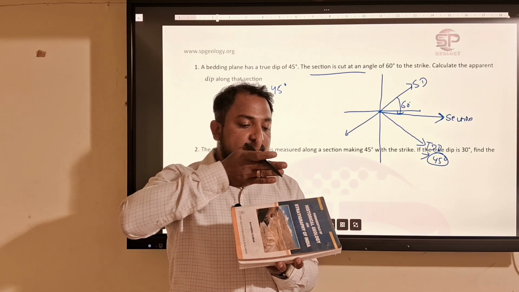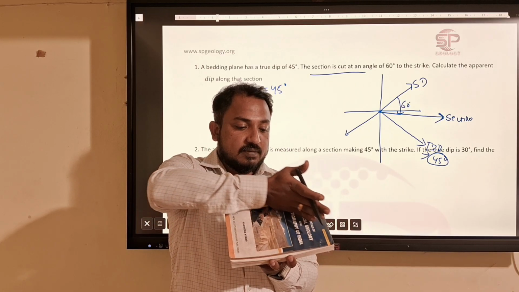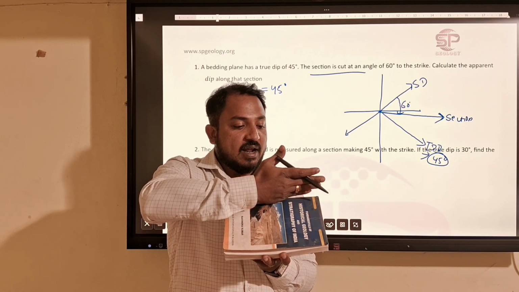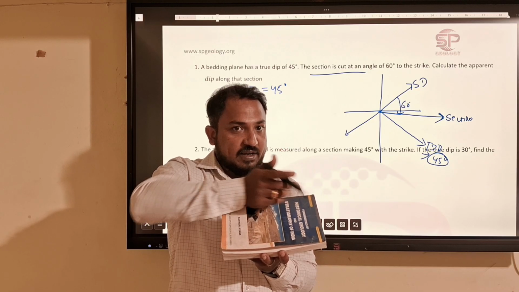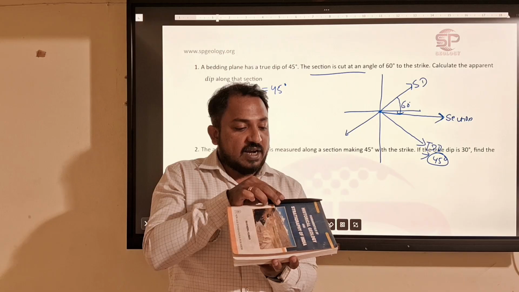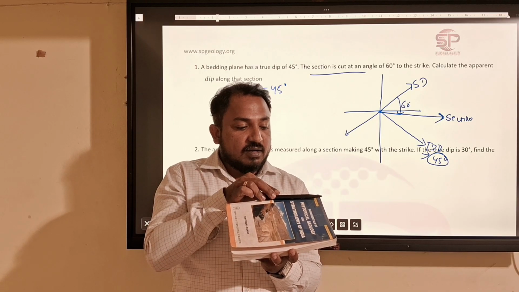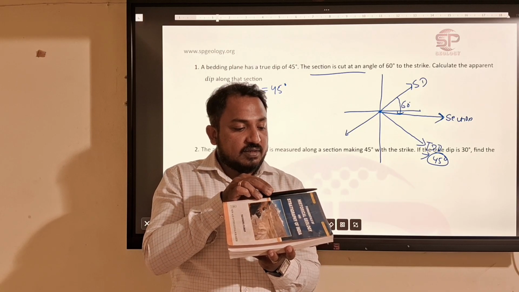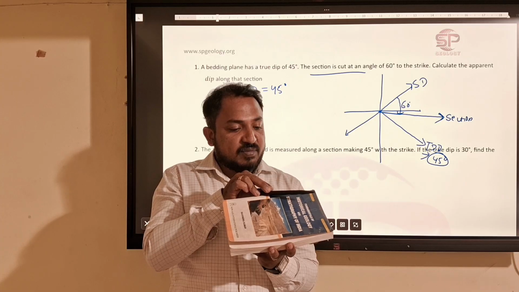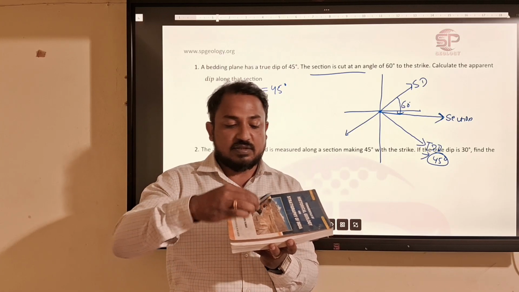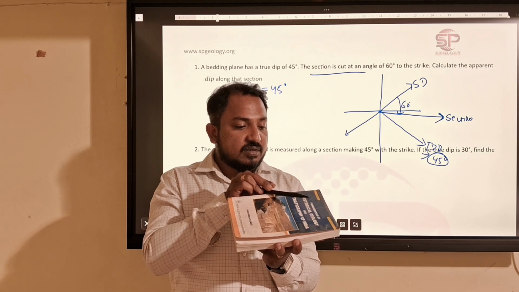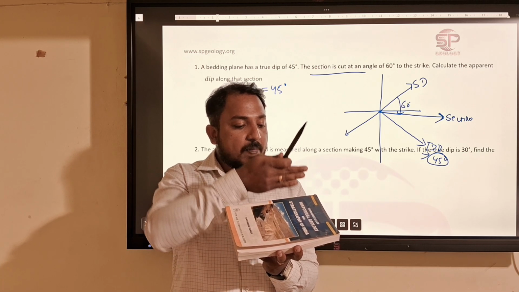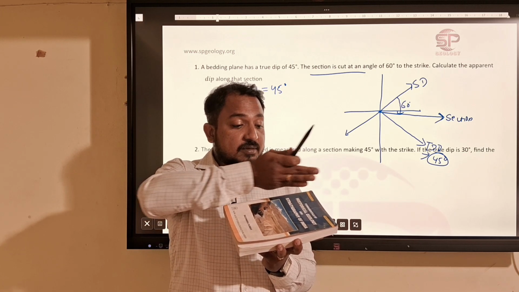Then we will cut a section like this, which will be at an angle of 60 degrees from the strike. So this will be, suppose, the strike direction. We will take a section that should be measured 60 degrees from the strike direction. You can also measure from this. So this will be the section that is 60 degrees from the strike direction.